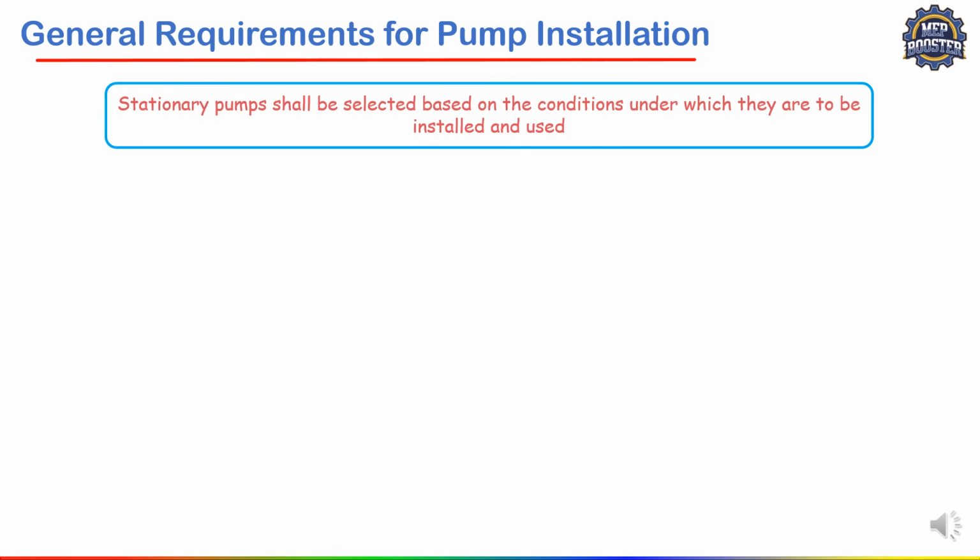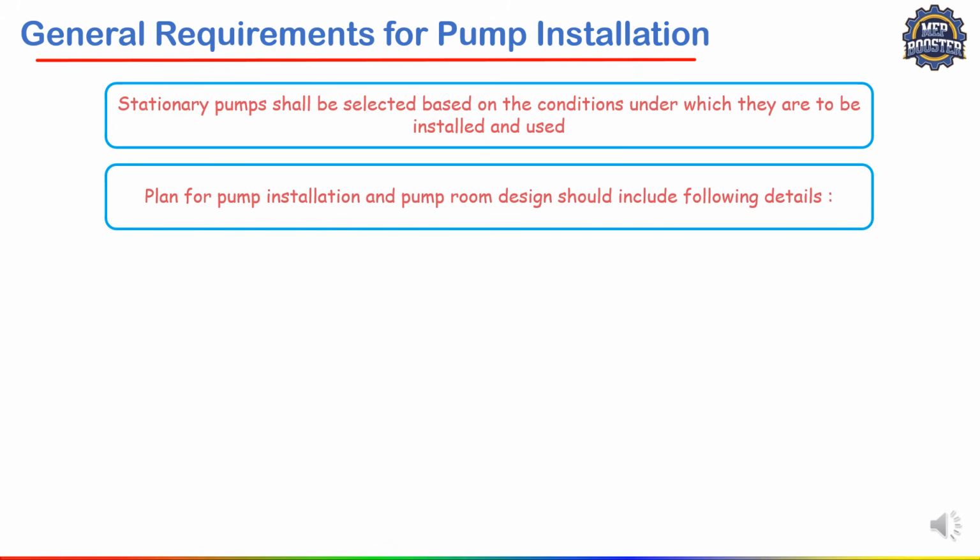So let's see what is given here. The stationary pump shall be selected based on the conditions under which they are to be installed and used. The plan for pump installation and pump room design should include the following details. What are they? First, the name of owner and occupant.